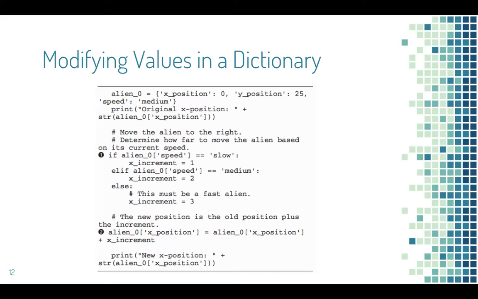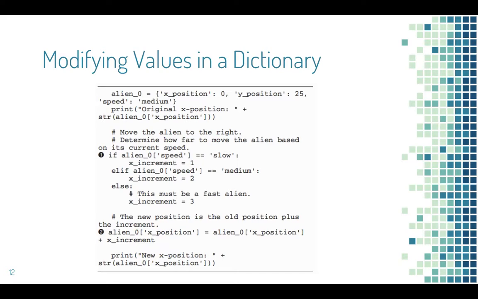We've omitted the color and point values for the sake of simplicity, but this example would work the same way if you included those key value pairs as well. We also print the original value of x position to see how far the alien moves to the right. At 1, an if-elif-else chain determines how far the alien should move to the right and stores this value in the variable x increment. If the alien's speed is slow, it moves 1 unit to the right.